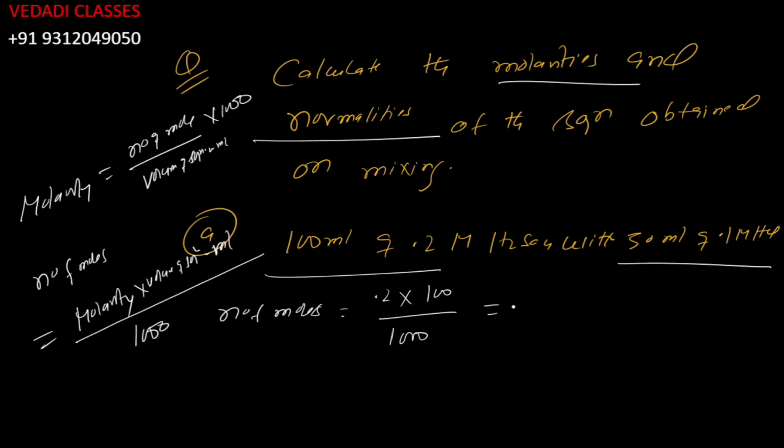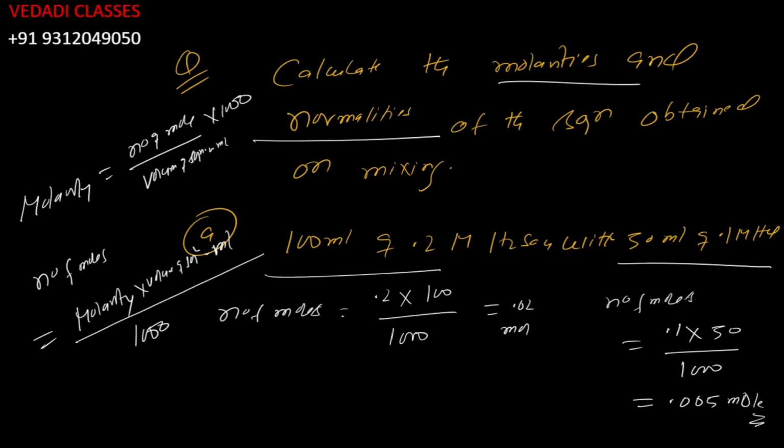In this case the number of moles will be 0.02 mole, and in this case the number of moles will be 0.1 into 50 divided by 1000, and when you solve this it will come 0.005 mole.